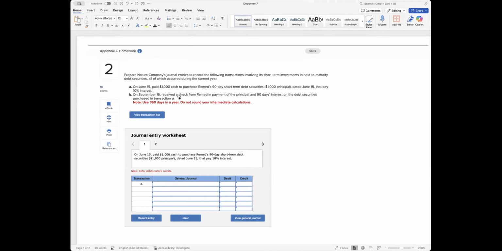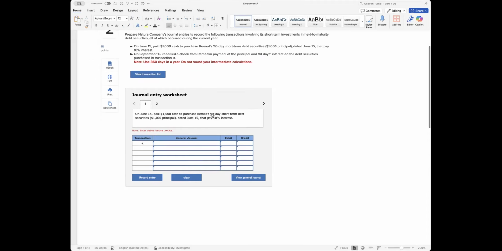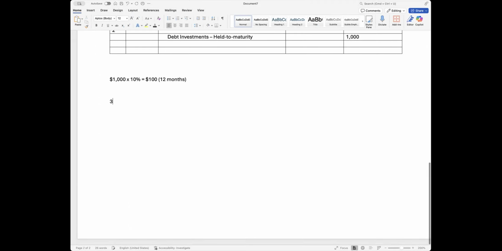So we assume if there are 360 days in a year, we divide that by 12 months, and that gives me 30 days per month. And then if I multiply 30 days by 3 months, that gives me 90 days.